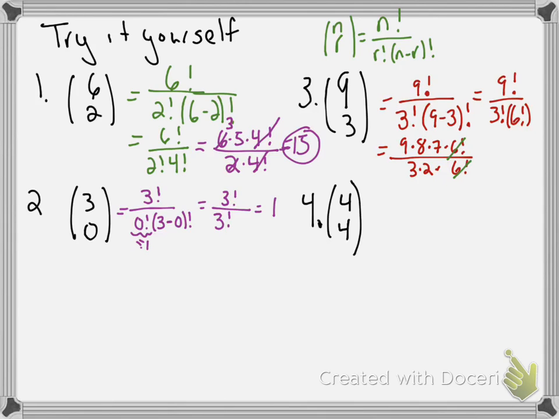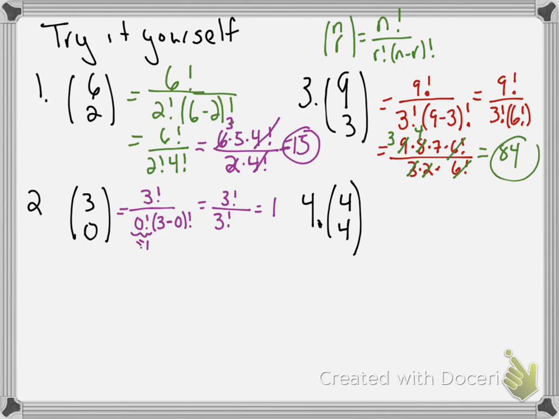And then here we see what we have in common. Well, we know that 3 divides into 9 3 times, and 2 divides into 8 4 times. So we are left with 3 times 4 times 7. So 4 times 7 is 28. 28 times 3 is 84, if I'm correct.